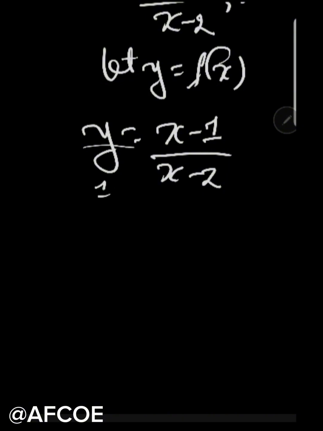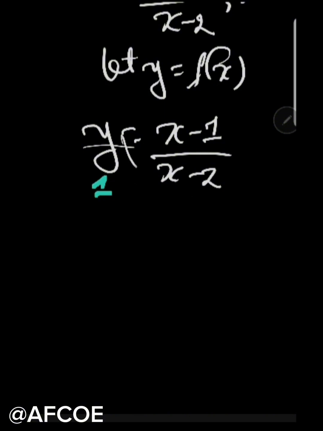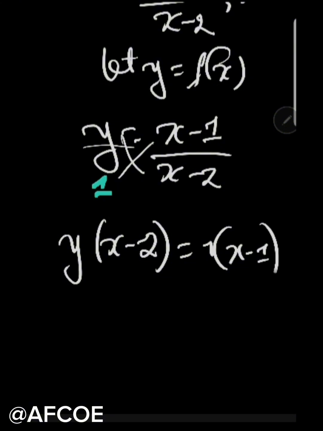I'll put y on 1, and dividing by 1 does not change anything. Cross multiplying, we get y multiplied by x minus 2 equals 1 multiplied by x minus 1.